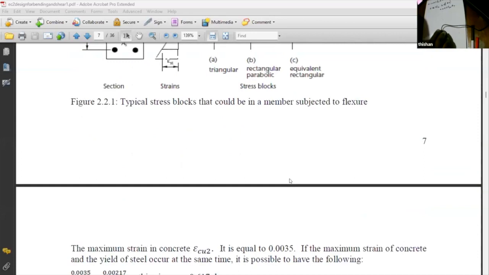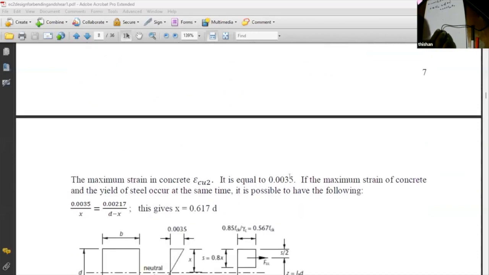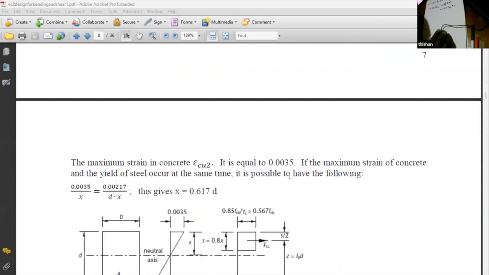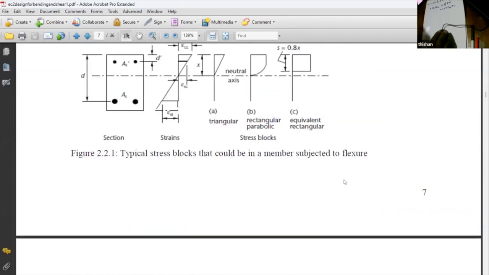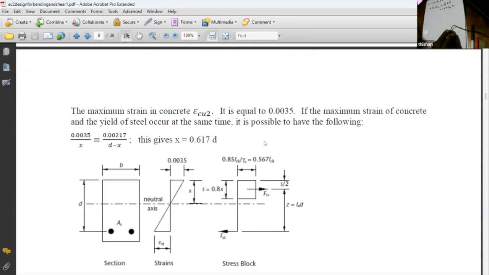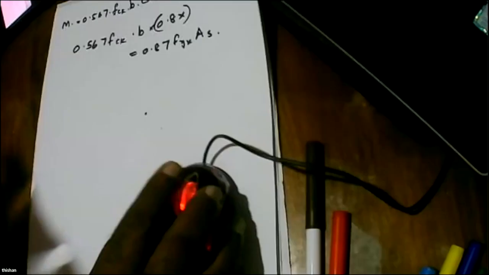Now there are a few things that you have to be concerned about when you are going to deal with design in shear.